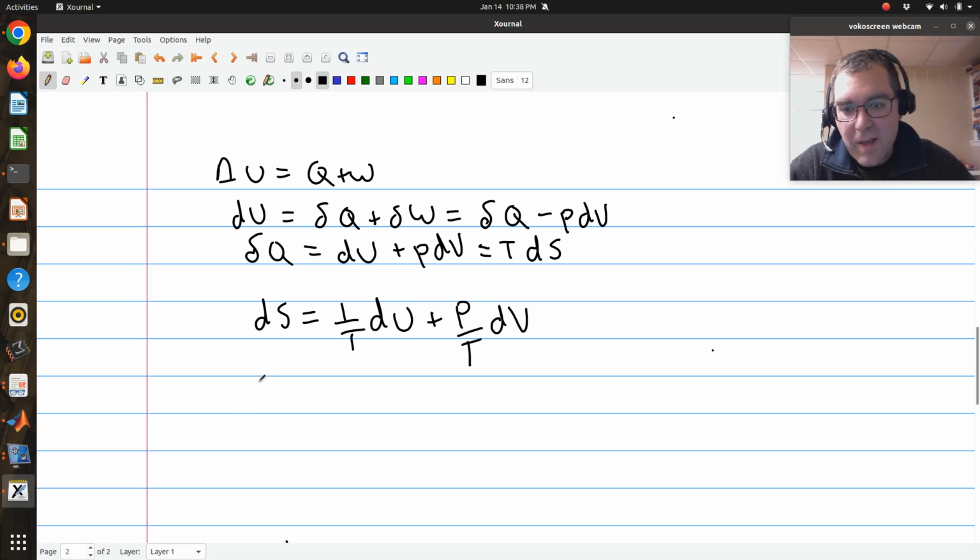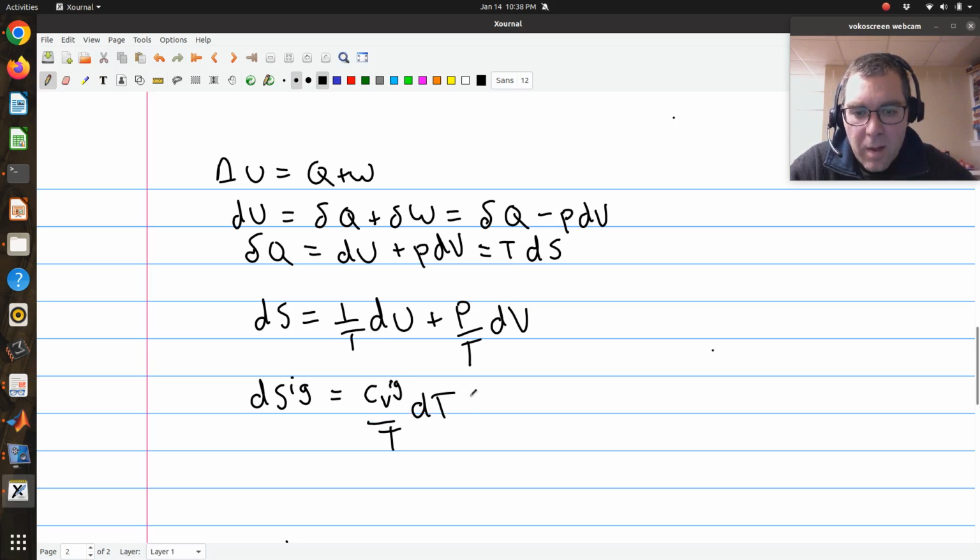Now for the case of an ideal gas, what I want is the ideal gas contribution. dS ideal gas is going to be equal to 1 over T, and actually, before I even write it that way, for an ideal gas, dU is just Cv ideal gas dT. So this would just be Cv ideal gas over T dT, plus P over T dV.